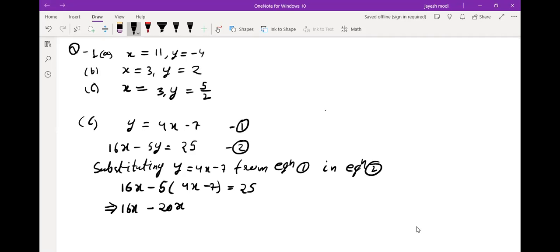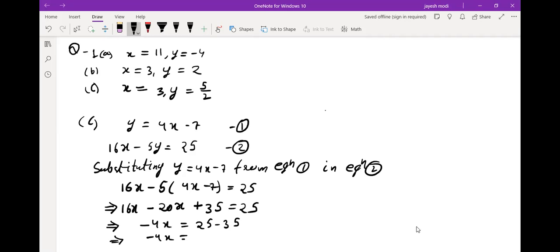Yes, sir. Substituting y equals 4x minus 7 from equation 1 in equation 2, 16x minus 5 into 4x minus 7 equals 25. It implies 16x minus 5 4s are 20x, minus minus plus 5 7s are 35, equals 25. It implies 16x minus 20x, minus 4x equals 25 minus 35.